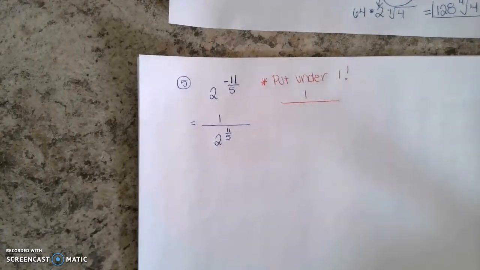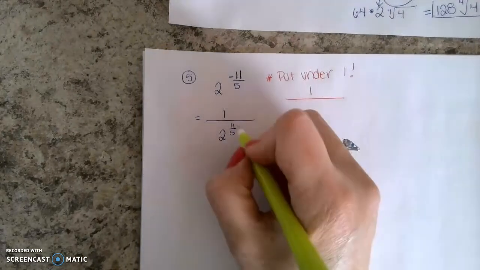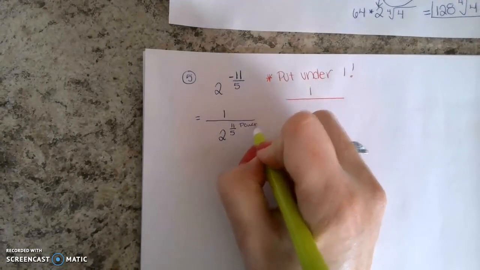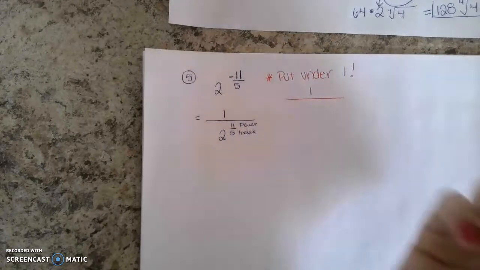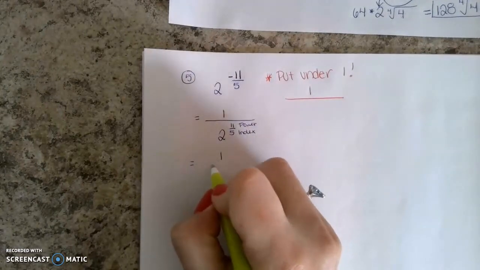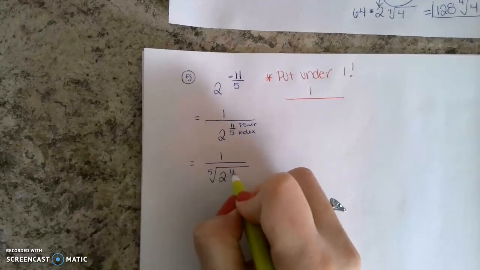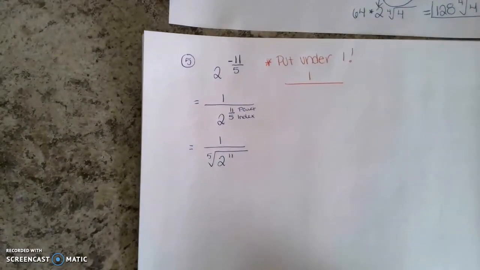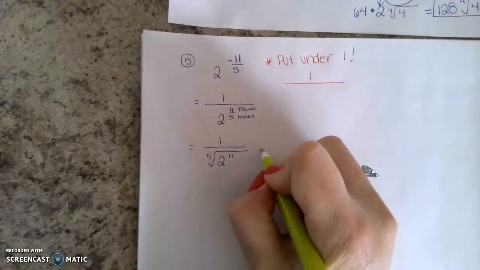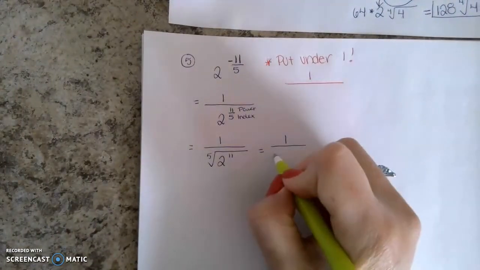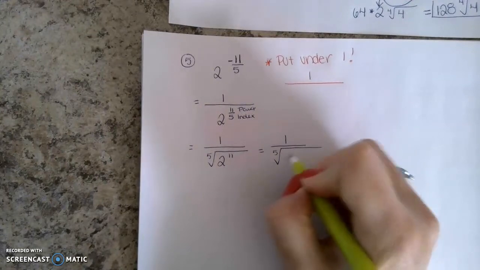And then we go through and we solve this just like what we've been doing. Power over index. So I get 1 over the 5th root of 2 to the 11th. Let's go ahead and expand this out and look for our groups of 5.